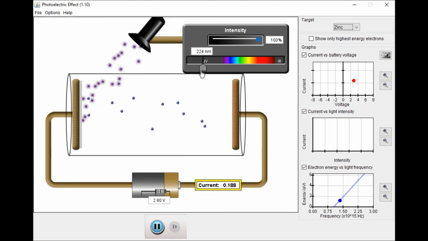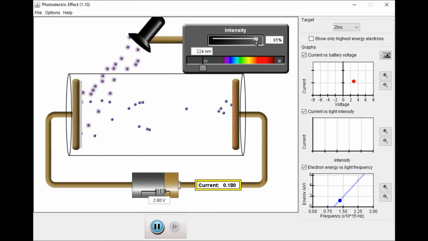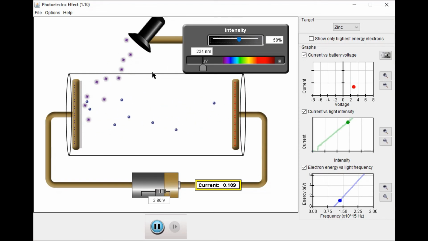And so overall, I think there's a lot that we can play around with here, and you do need to know what the graphs look like. But the big takeaway is that this simulation, while it's not proof, does help you visualize that the intensity of the light can be interpreted as the number of packets, or the number of quanta, or the number of photons that are hitting the plate per unit time.